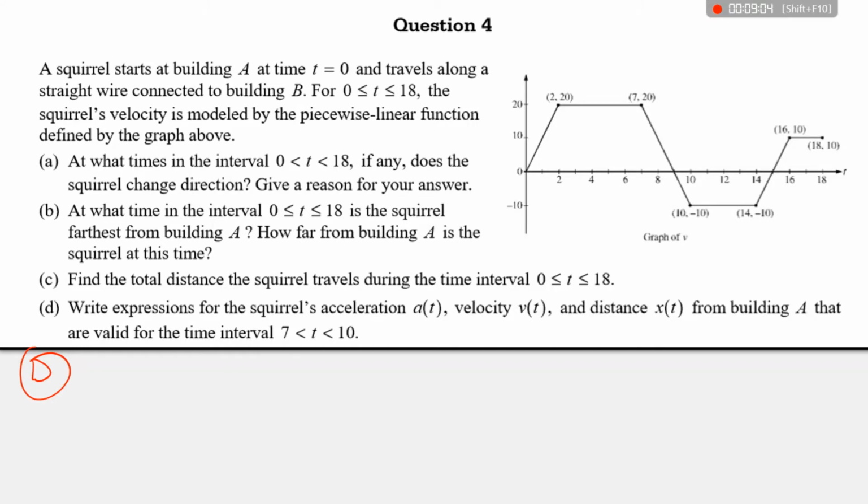We only have velocity at 7 and 10. So we need 3 separate equations: one for acceleration, one for velocity, and one for distance. That will give us the acceleration, velocity, and distance at that interval.